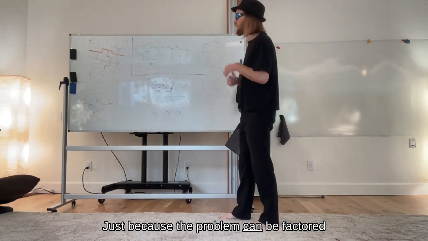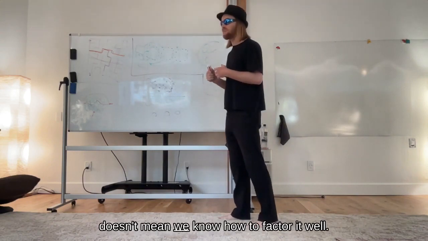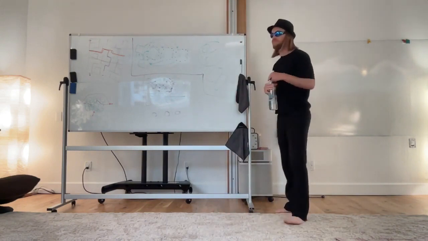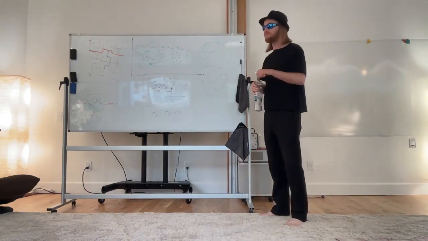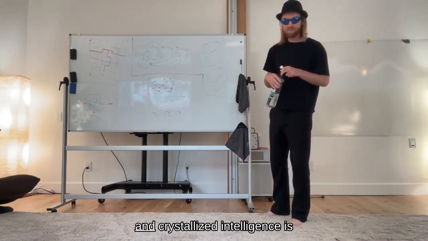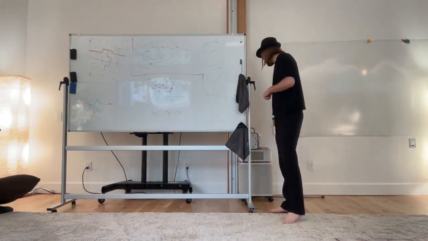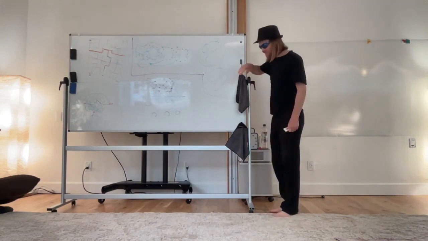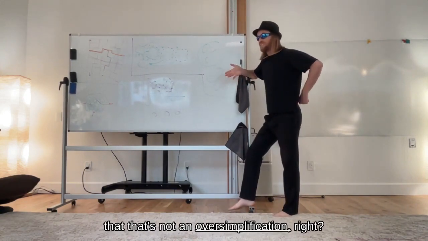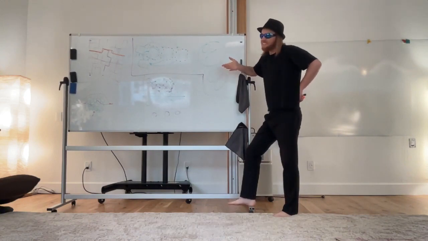Just because the problem can be factored doesn't mean we know how to factor it well. But once we see it, we can reuse it. And okay, so what? Fluid intelligence is search, and crystallized intelligence is cached factorizations. I mean, surely there's no way in hell that's not an oversimplification, right? But also, kind of, yeah.